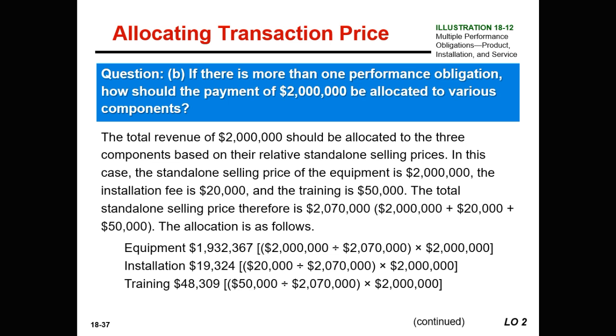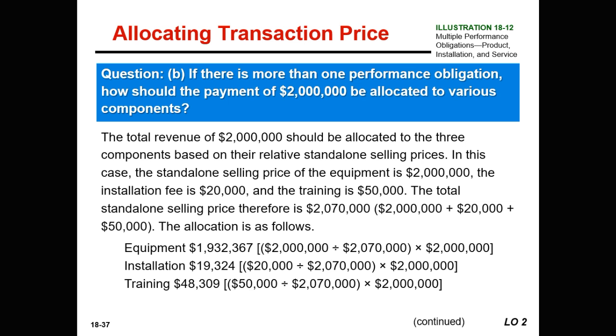We take the equipment's $2 million, divide it into the $2,070,000 to get its pro rata share, and then we multiply that by the transaction price of $2 million to allocate $1,932,367 to the equipment.